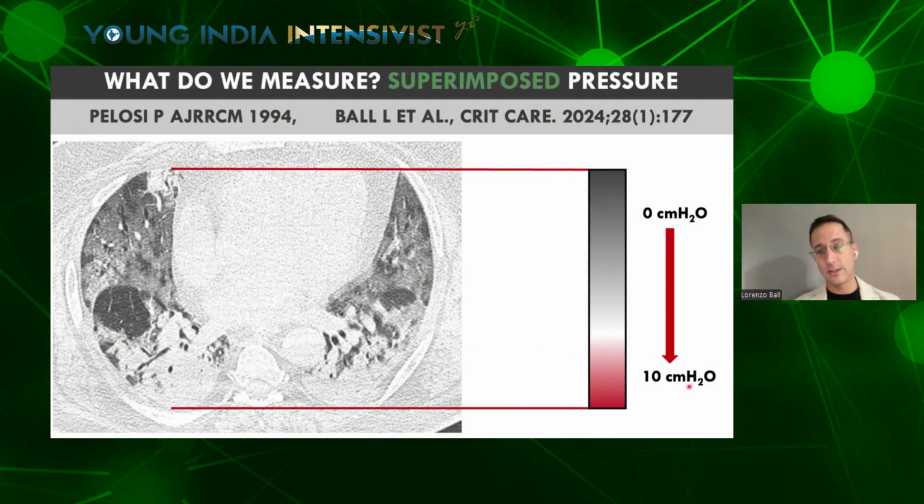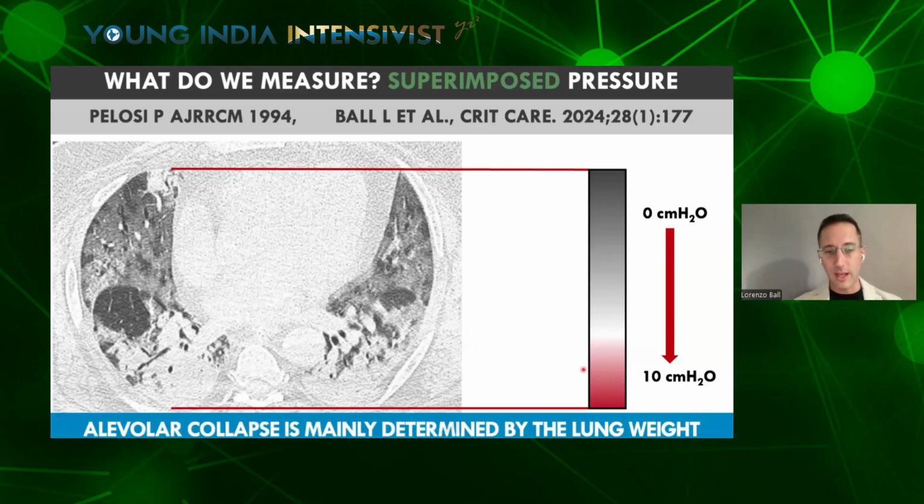The other issue is that 10 centimeters of water is a number which is in the order of magnitude of what we can modify with our ventilator. So if in a healthy patient, changing from 0 to 3 of PEEP probably doesn't change much, in ARDS, setting PEEP at 10 or at 20, or at 10 versus zero, makes a huge difference.